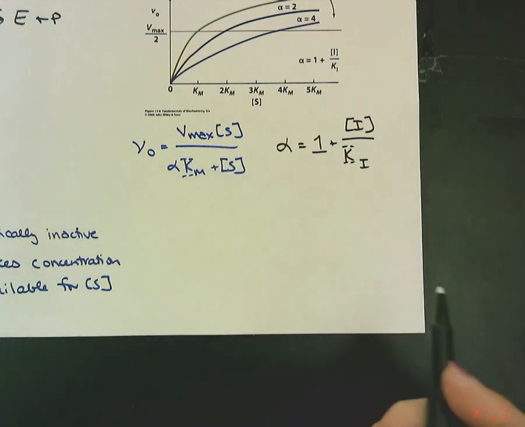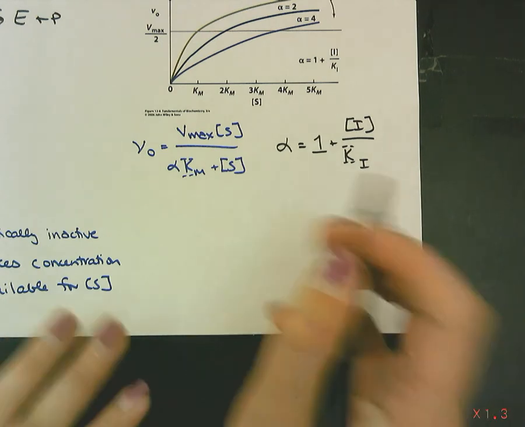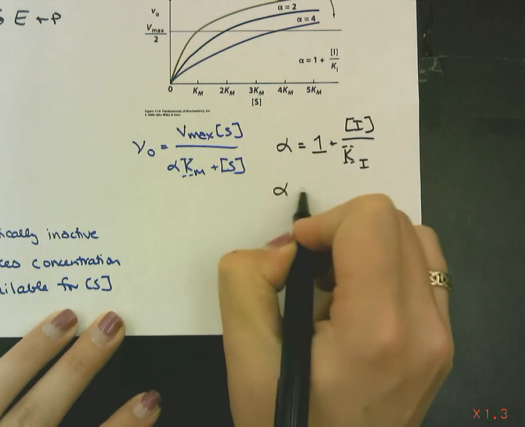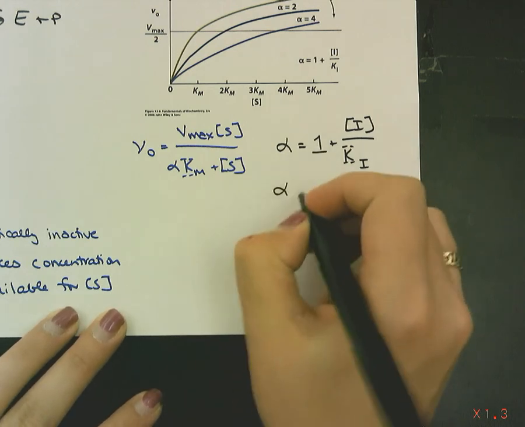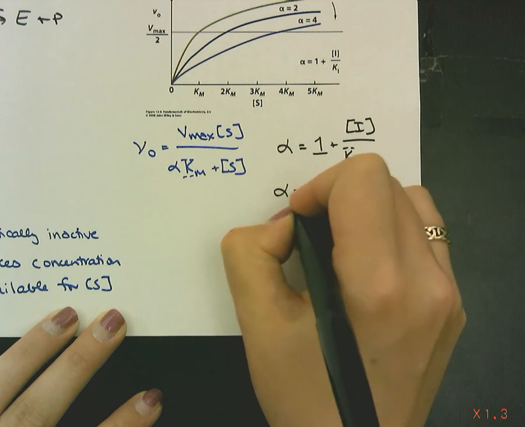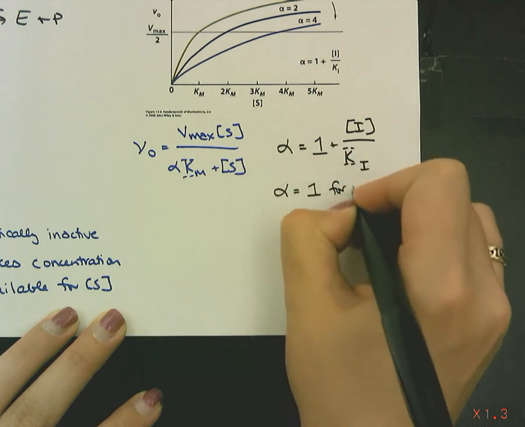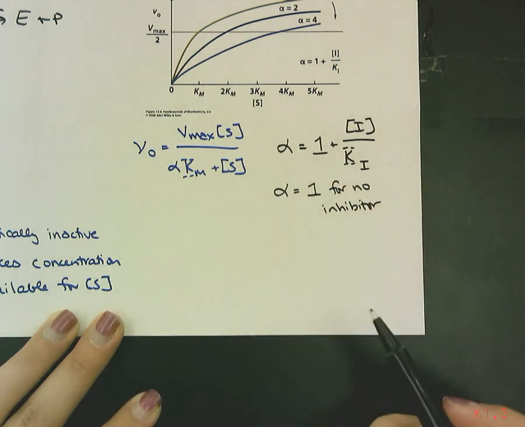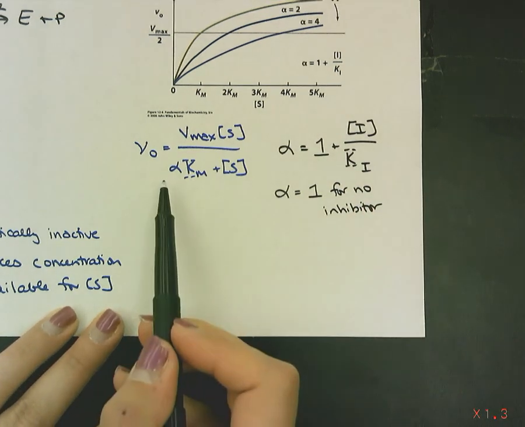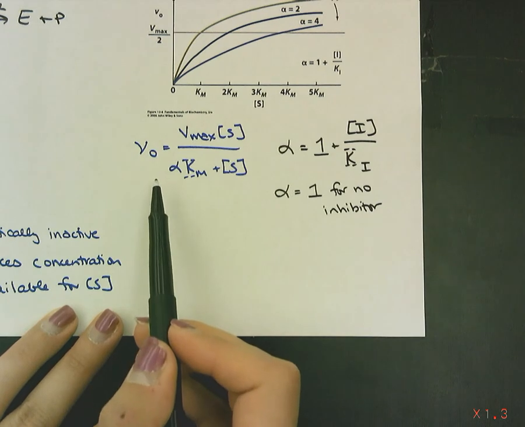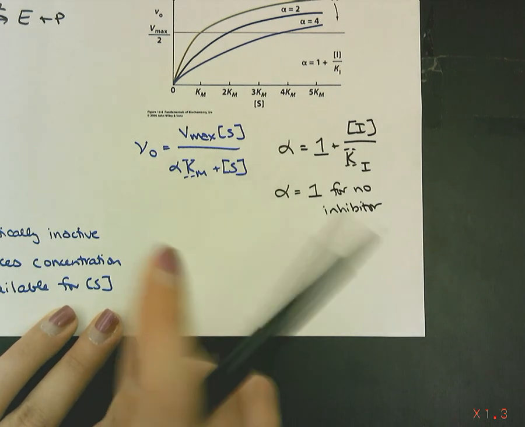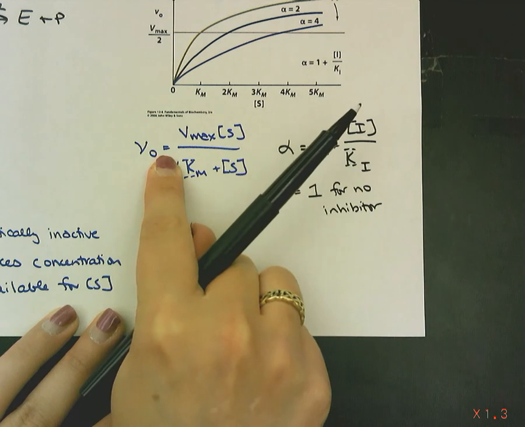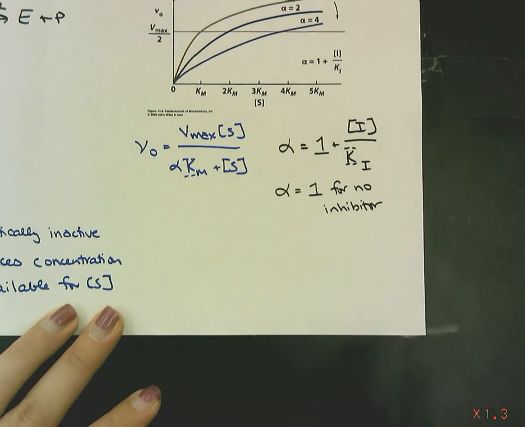What would alpha equal if there is no inhibitor? If alpha equals 1, there's no inhibitor, what happens to my equation? It stays the same, right? Now this is equal to 1, and it's just a regular Michaelis-Menten equation. So numerically, be thinking about that.